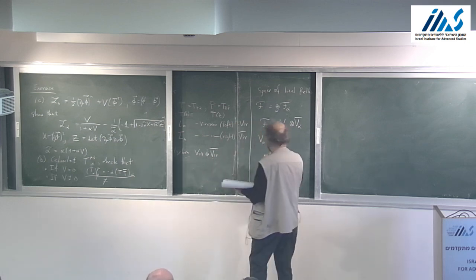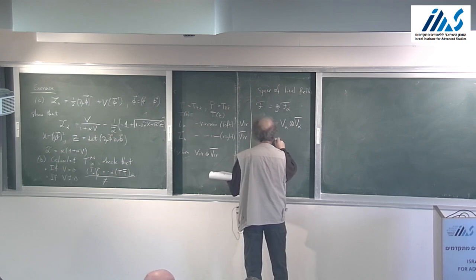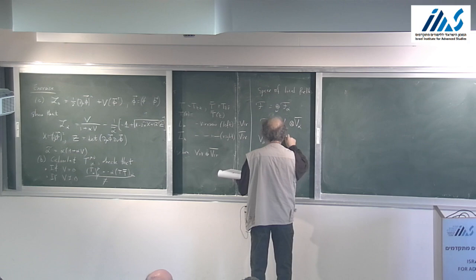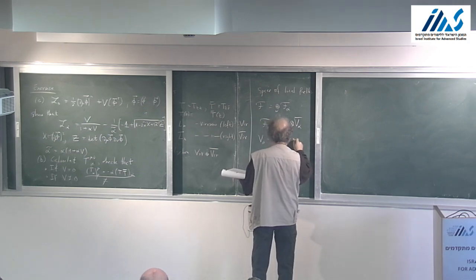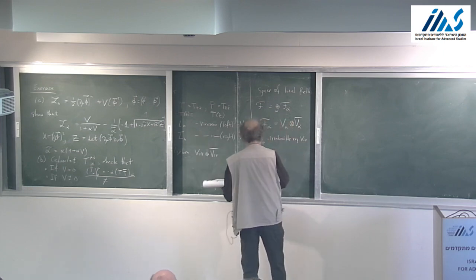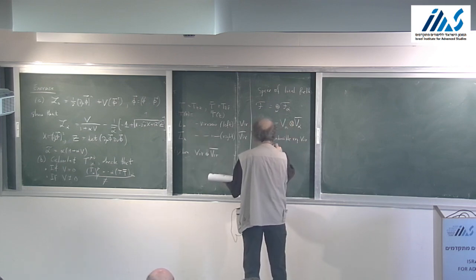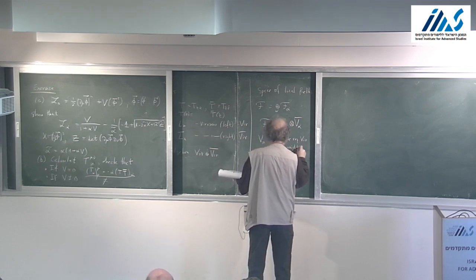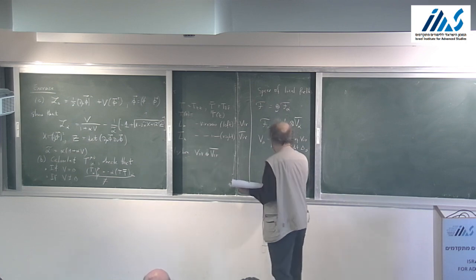V alpha is an irreducible representation of Virasoro, and it has a lowest weight which I denote delta alpha.